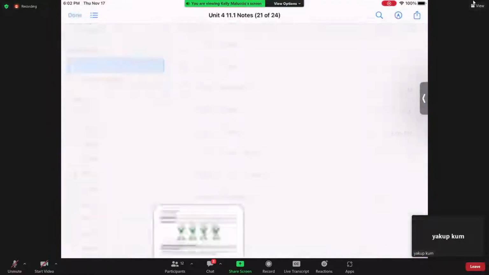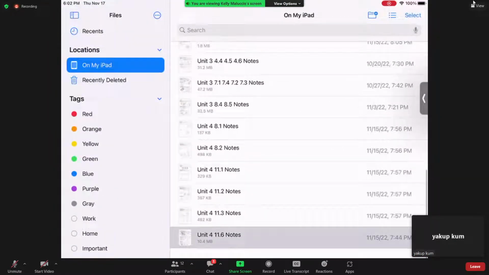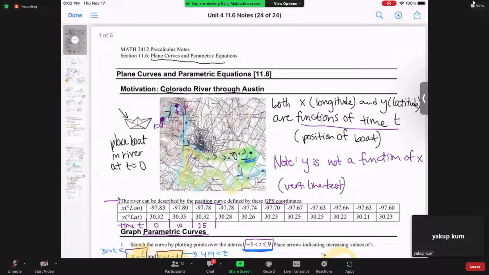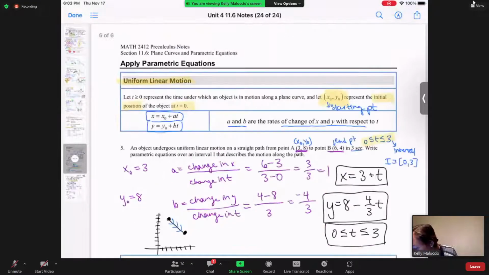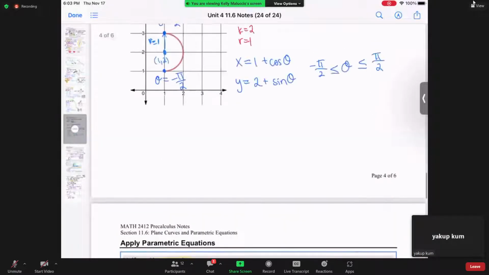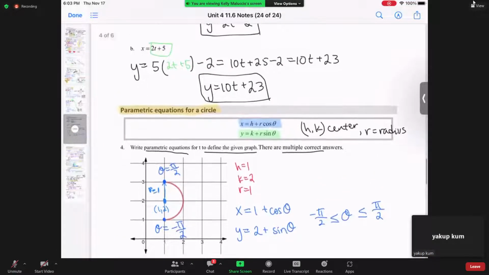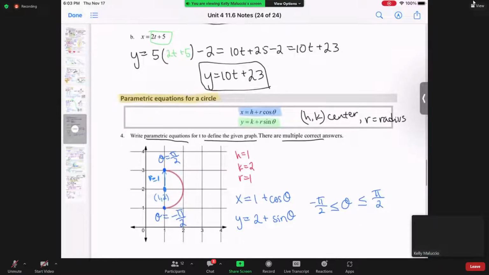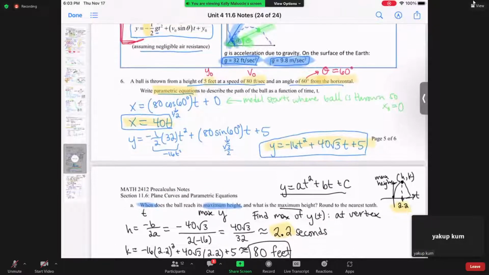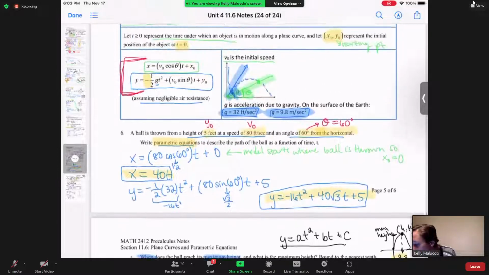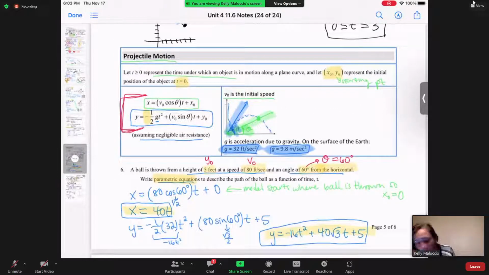X equals -3 cosine t. Instead of t, there is a theta. Oh, I see. There was another parameter. So in the Alex question 6. Oh, question 6. This is only for projectile motion.